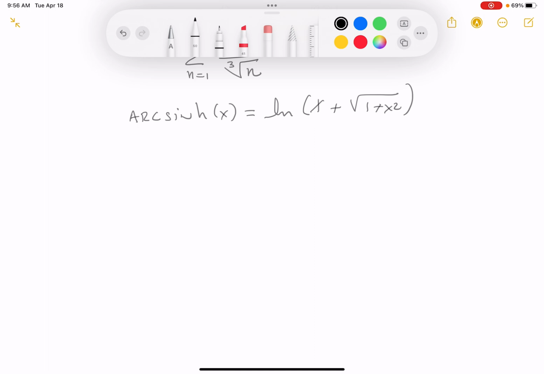So how would you show that? I don't know much about the hyperbolic sine, but I'll write down y. Let me take a look.